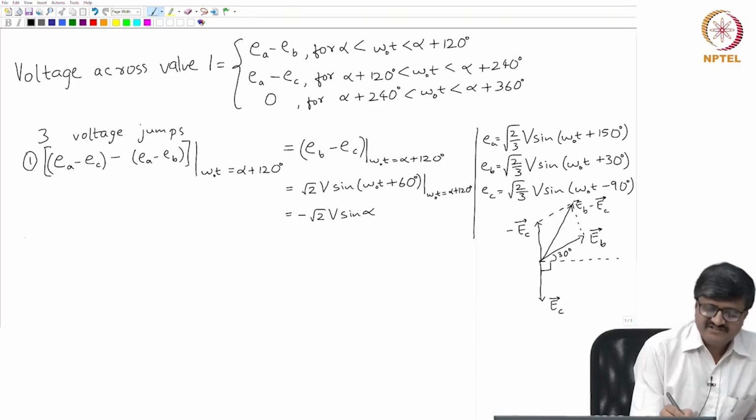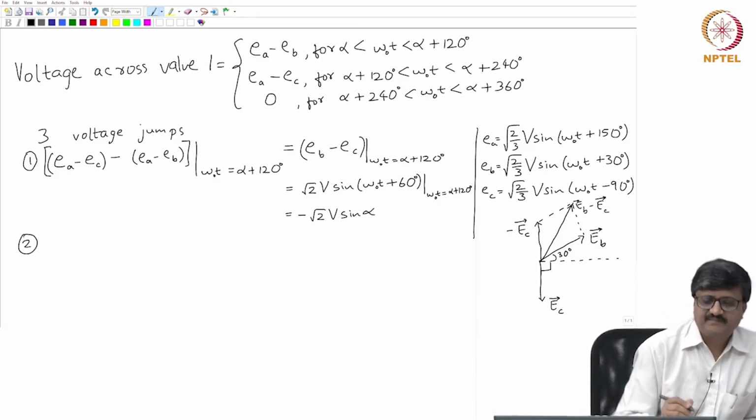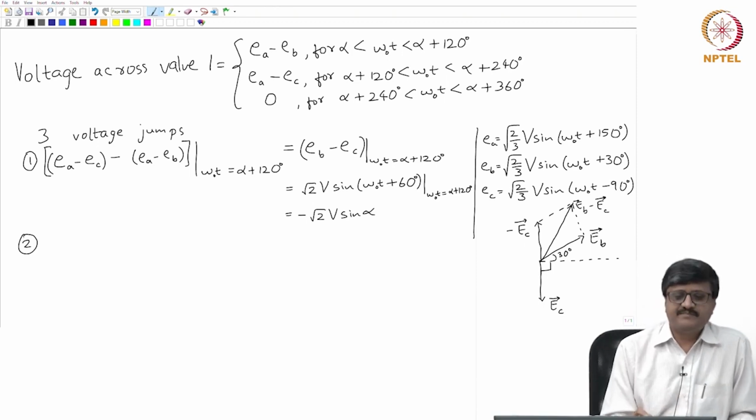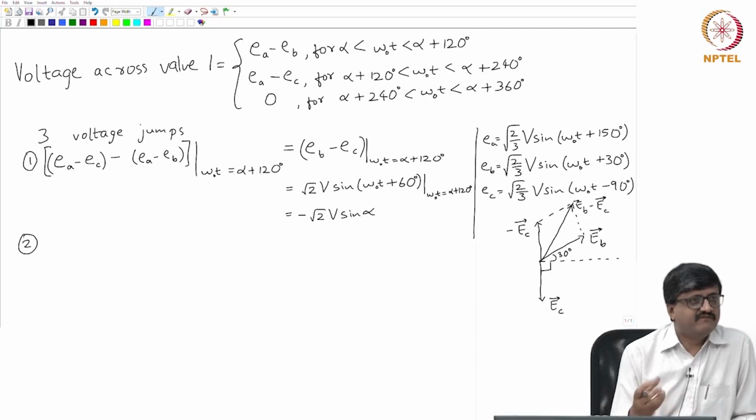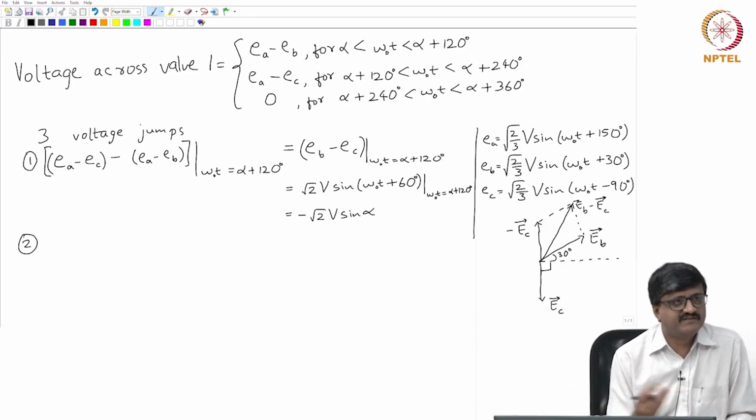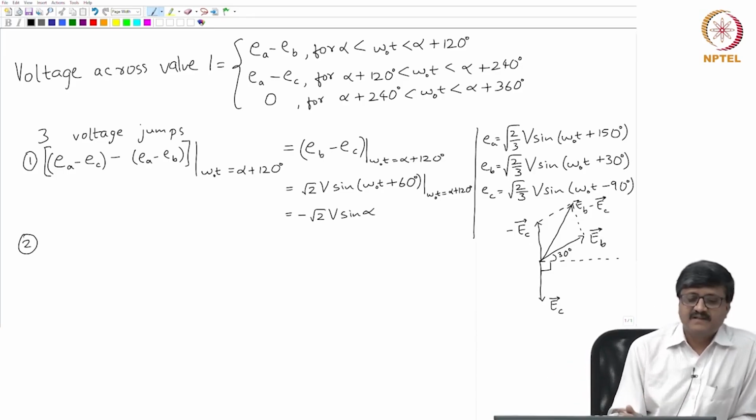So, if I go to the next jump, the second voltage jump. We are talking about the voltage jumps across valve 1. If I look at any other valve, the waveform across a valve will not change with the valve. Of course, for all the valves the same waveform will be there, only thing is there will be a phase shift, that is all, except for the phase shift it is identical.